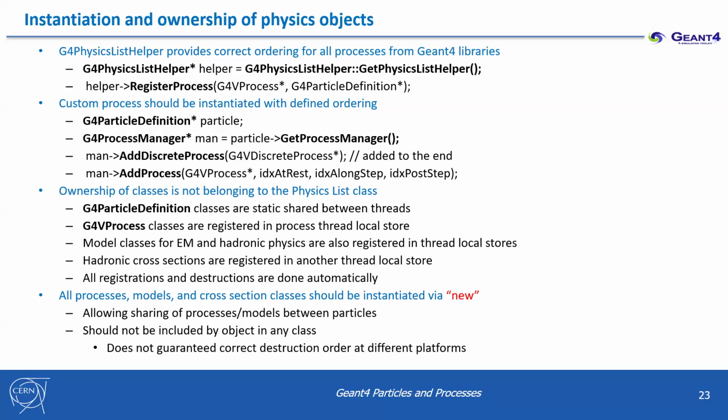Model classes and process classes for electromagnetic and hadronic physics may be shared between particle types, and the same process class can belong simultaneously to several particles. Cross sections may be shared between different particles. This sharing mechanism gives you a shorter initialization time and less memory required for the application.